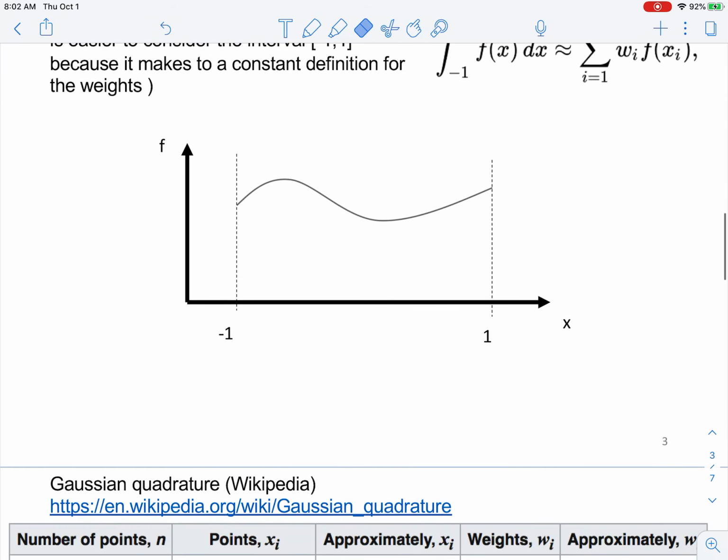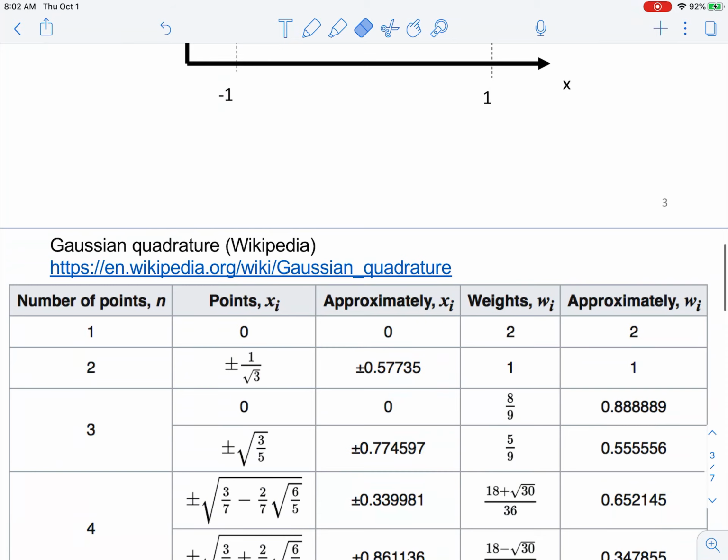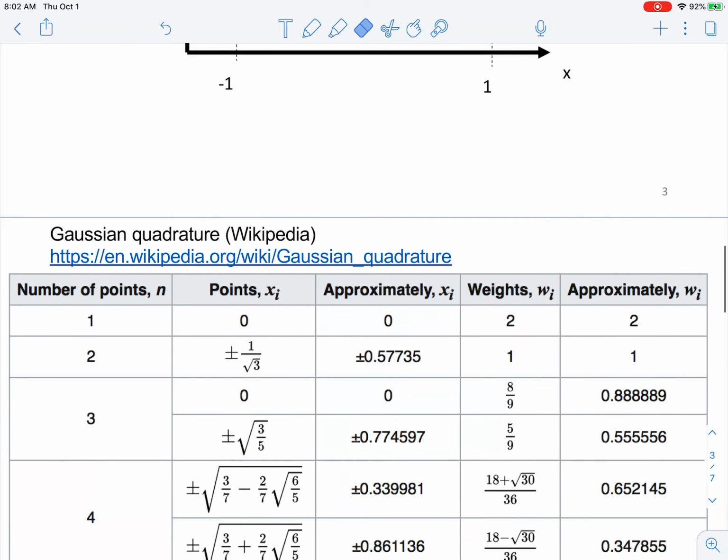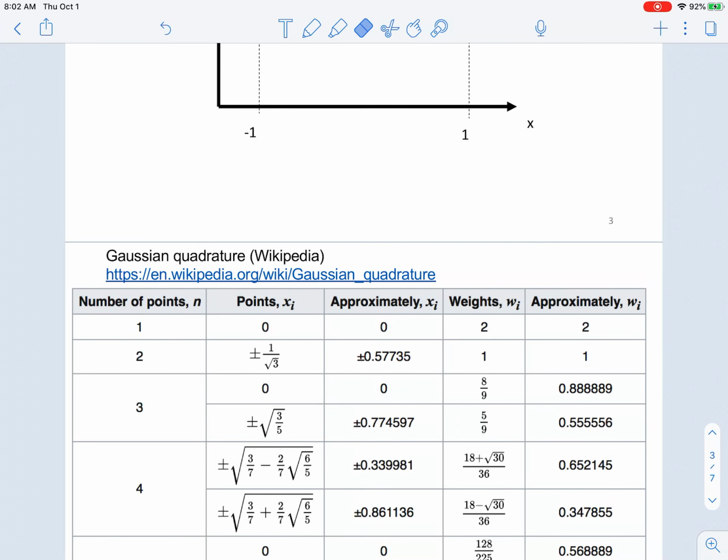And so you have the integral from -1 to 1 is the sum of some weights times the function evaluated at those specific points in the -1 to 1 interval. And you can look this up in Wikipedia.